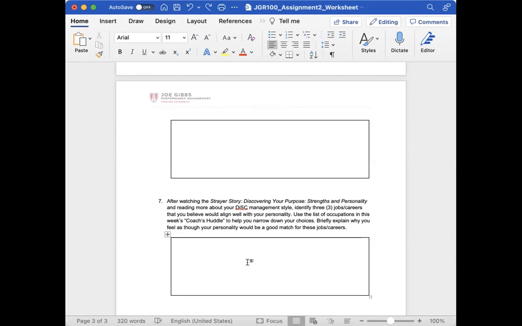Use the list of occupations in this week's Coaches Huddle to help you narrow down your focus and briefly explain why you feel as though your personality would be a good match for these jobs or careers. So if you go to the Coaches Huddle, which I'm going to show you in a moment, you should be able to find those 3 and list those jobs there and share why you feel those are careers that you would align to.